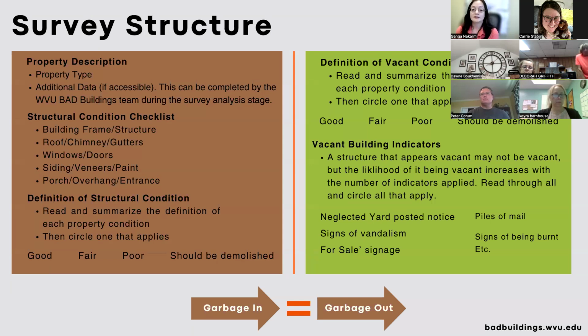This is about a structure that appears vacant, with signs of vandalism, a for sale sign, piles of mail, or signs of being burned. These are all the indicators of vacant buildings that we will discuss more during the survey time, and also while taking the survey.